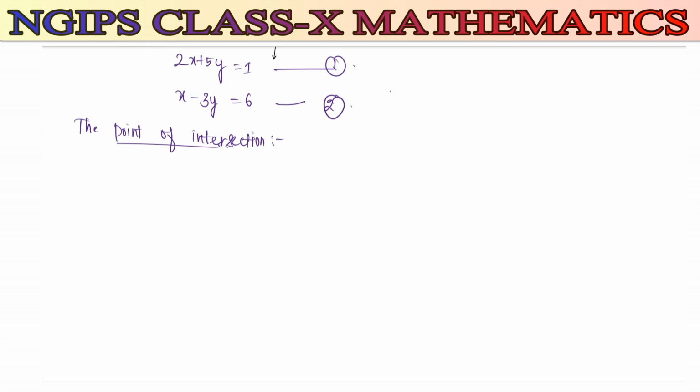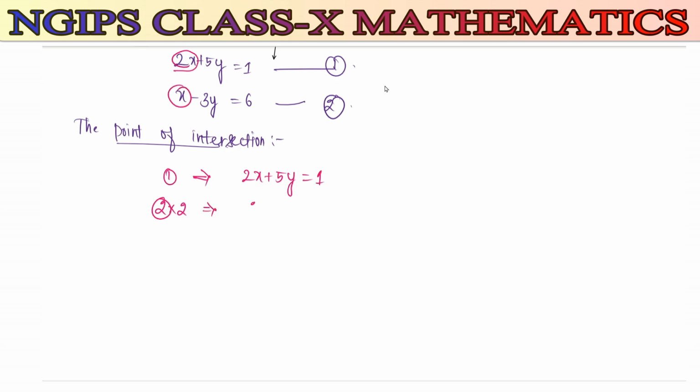Okay, now here we have the two equations, the first equation and the second equation. From these two equations we need to find out the value of x and y. The first equation, let it be here, I am going to write 2x plus 5y is equal to 1. The second equation I am going to multiply by 2 to make the coefficient of x the same.